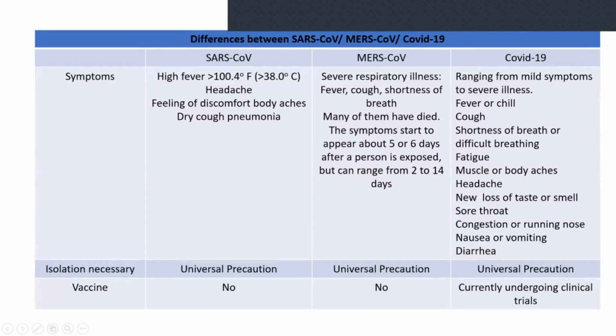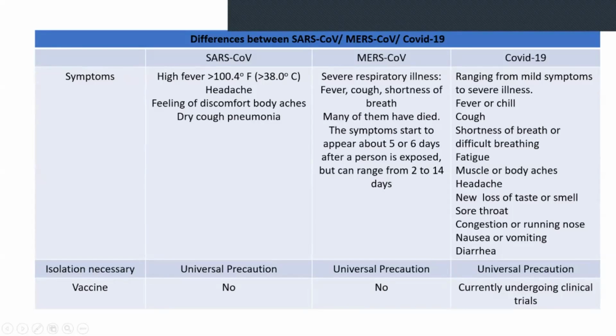They have a fever of more than 38 degrees Celsius, or chills, cough, shortness of breath or difficult breathing, fatigue, muscle and body aches, headache, loss of taste or smell, sore throat, congestion or running nose, nausea and vomiting, or in some cases diarrhea. All of these need universal precautions and isolation as necessary.